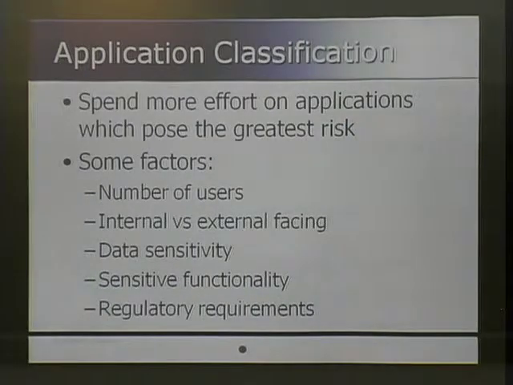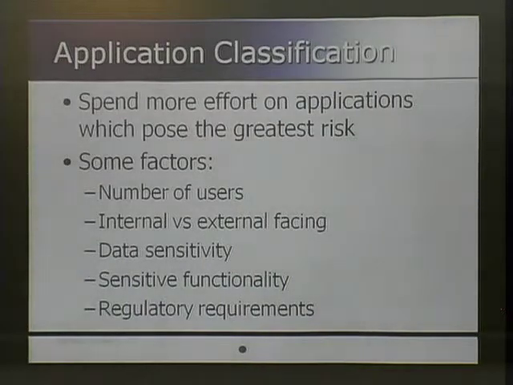So, application classification. Who here is familiar with classifying your applications on risk level? A few people. So basically what you do is you start to talk about every single one of your apps. You assign certain attributes to your applications, right?